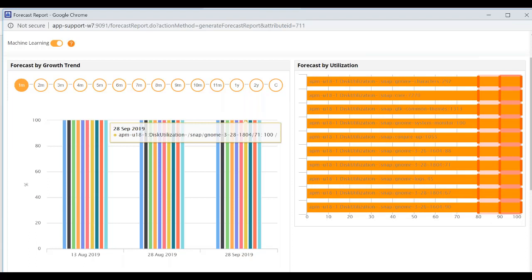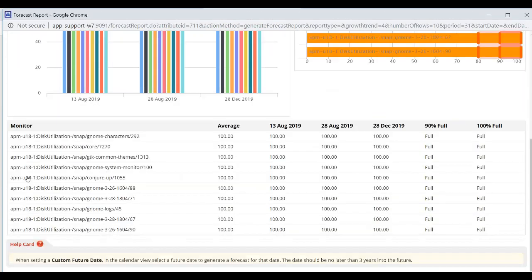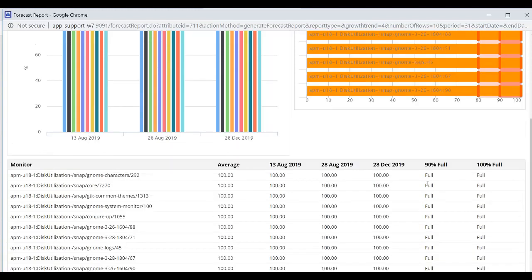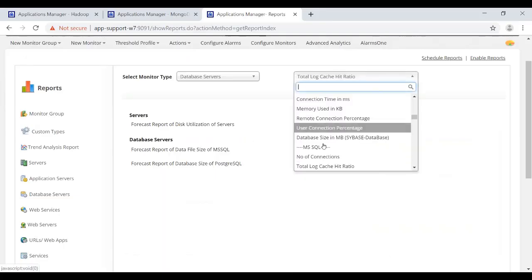So this is the kind of insight it is designed to serve. A 4-month prediction is again giving us an idea about the load these instances will handle. So right here is the disk utilization, the average, and the time period across which we have predicted this forecast.